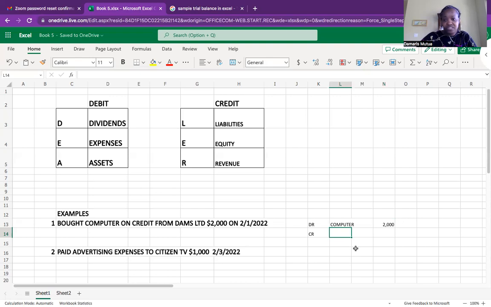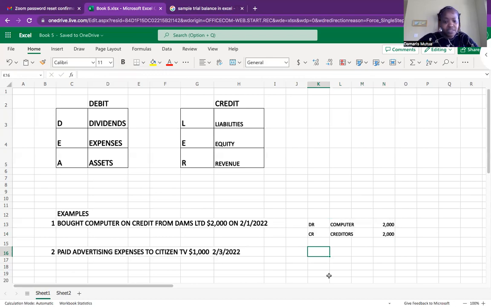We bought on credit, and this is a liability, a non-current liability, creditors. So our creditors, we have to credit them by 2,000. So that is the transaction, that is how it's going to affect our different accounts in our financial statements.